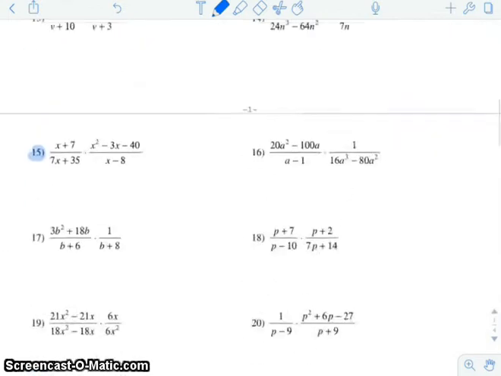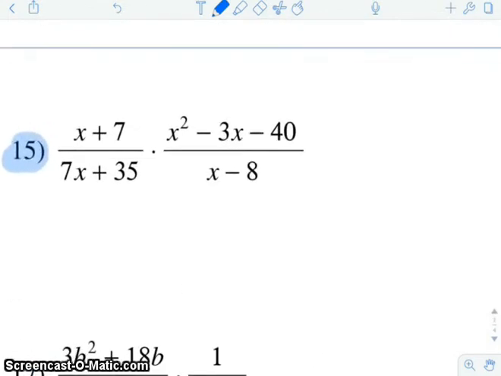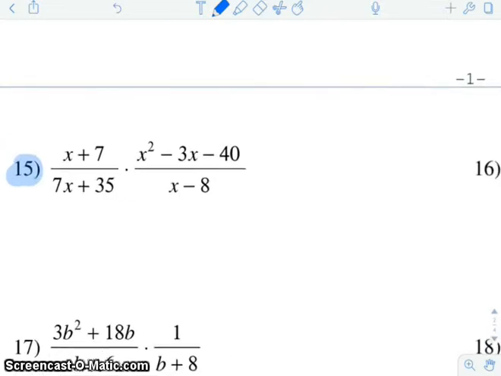So let's look at one more example. I have x plus 7 all over 7x plus 35 times x squared minus 3x minus 40 all over x minus 8. Right off the bat, I don't see anything I can cancel, but I do realize I can factor this. So I'm looking for factors of 40 that are going to subtract to give me 3. They're 8 and 5, so I have x minus 8, x plus 5.